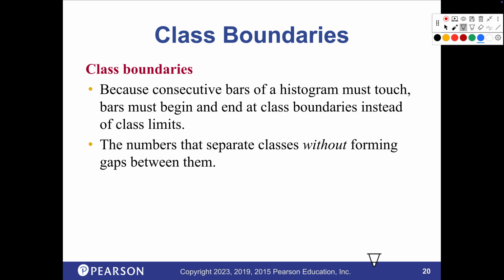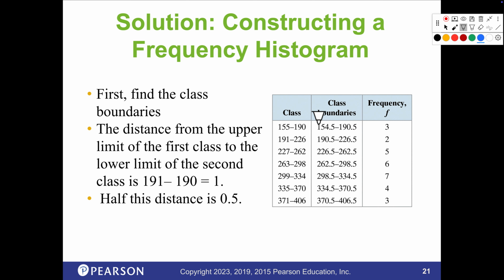So we need them to touch, and that's not too hard to do. So we call those class boundaries, okay? And simply what we do is we take these class limits, 155 to 190, and we add and subtract 0.5, a half, so that now they're going to touch. So notice 190 to 191, that's a whole 1.